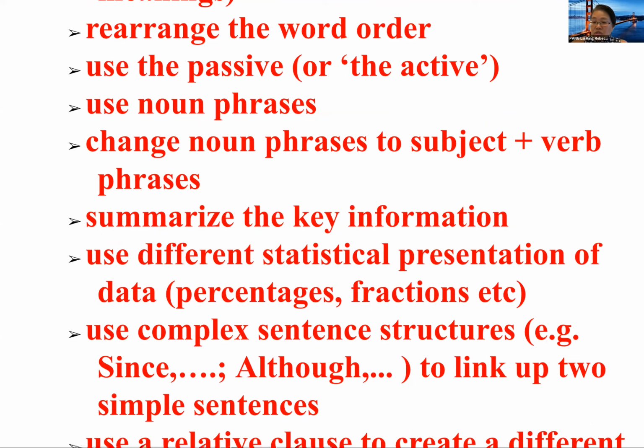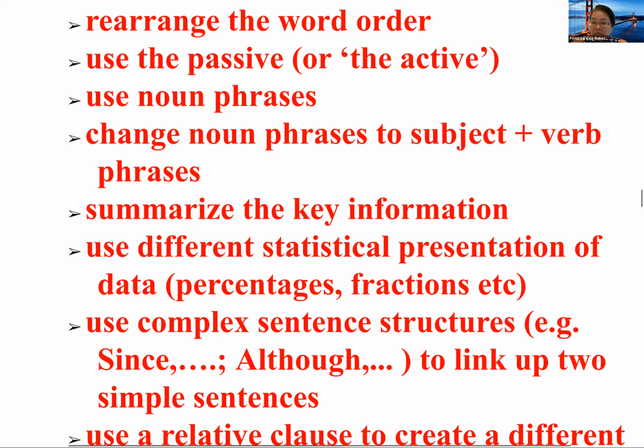So you could use percentages: if the figure is 50%, you could say half. If the percentage is 75%, of course you can change it to say 3/4. Fractions, 1/2, 3/4, and 1/3. So these are called fractions.